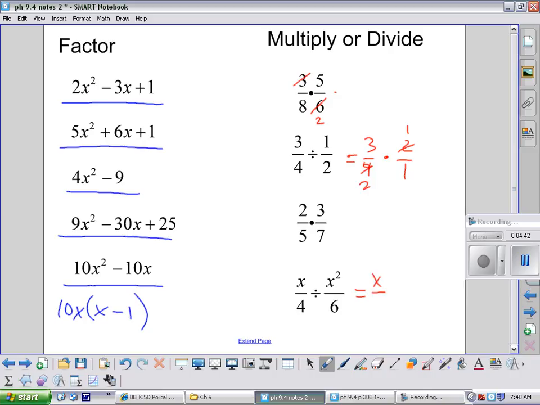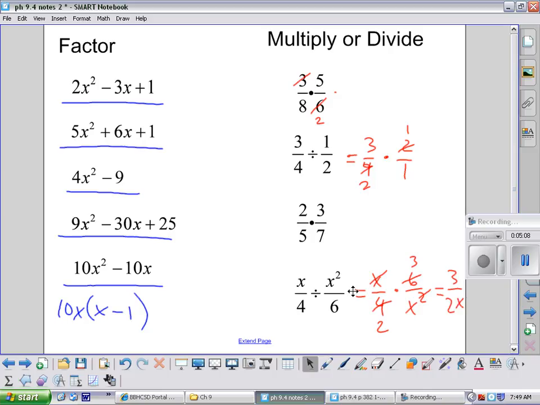We get here x over 4 times 6 over x squared, and then we get lots of cancellation. Once I get multiplication, I'm allowed to do lots of cancellation, right? It could be one big long line. Okay, so this is 3 over 2, and then you just multiply fractions straight across, right? So this would be 3 over 2x.